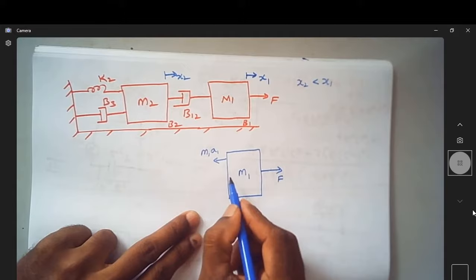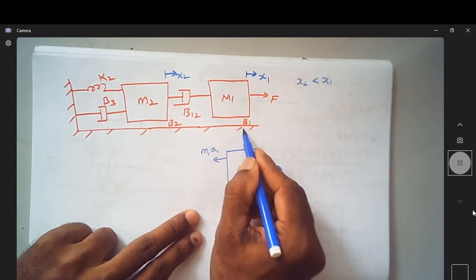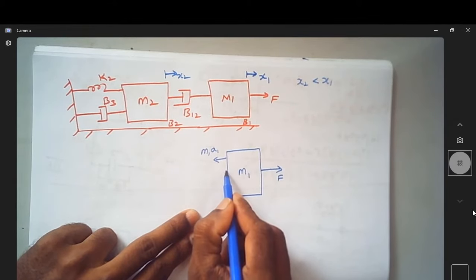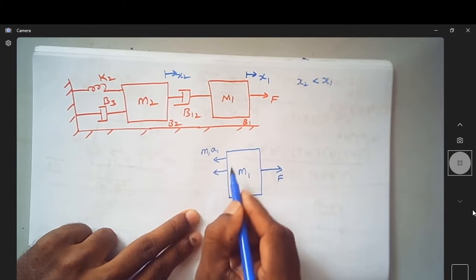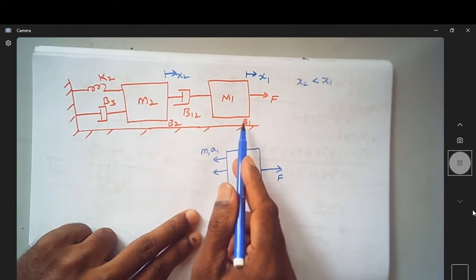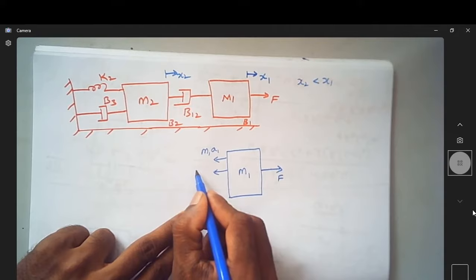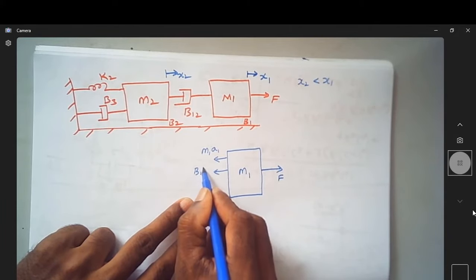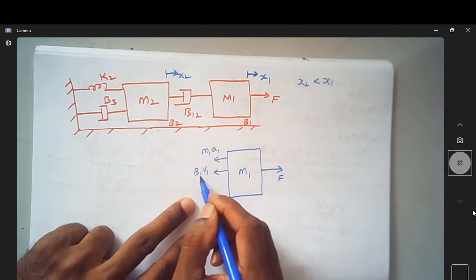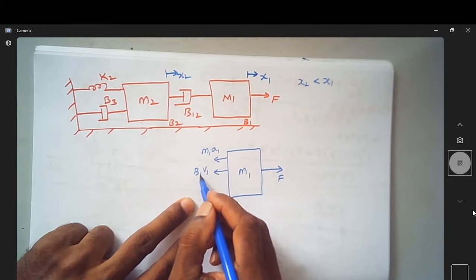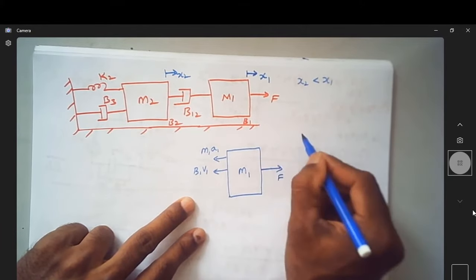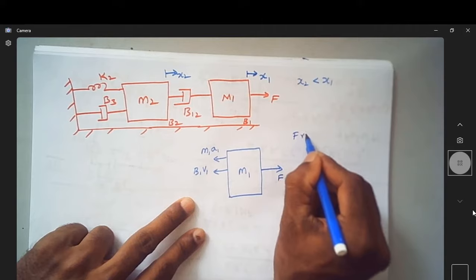There is a friction with the rigid body, and that will have an opposing force due to this friction. It is given by b1 into v1, that is the dash pot. Of course, we also call friction a dash pot.